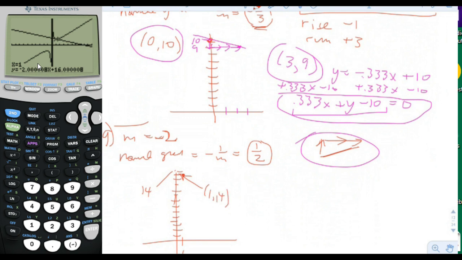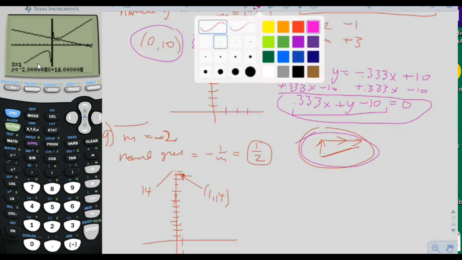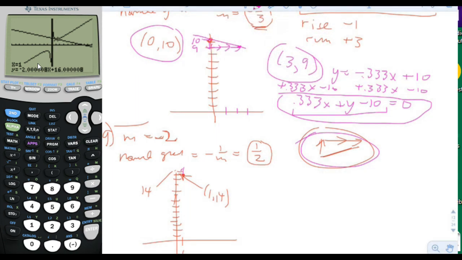And then I use this slope to go up 1, and I'm going to go over 2. So if I go up 1 and over 2, I get this new point. The new point is up 1, so instead of 14, I'm going to have 15. And it's over 2, so instead of 1, I'm going to have 3. So (3, 15). So now I have 2 points.